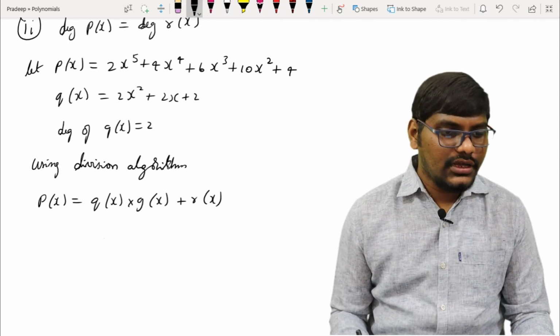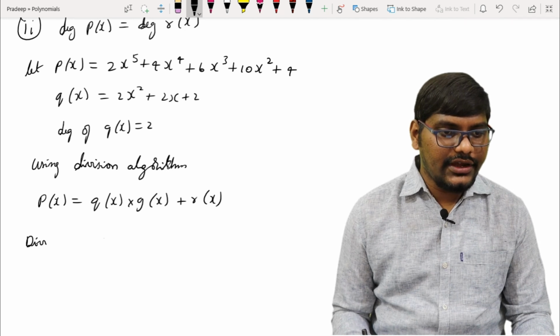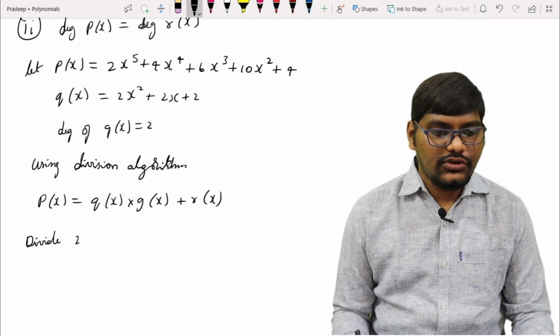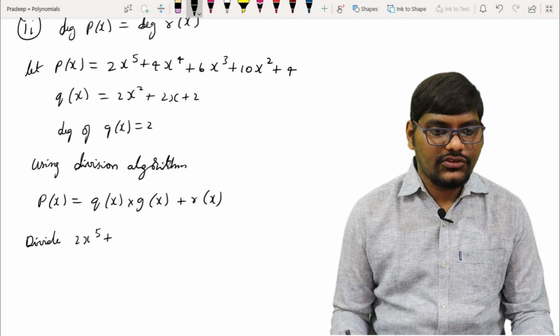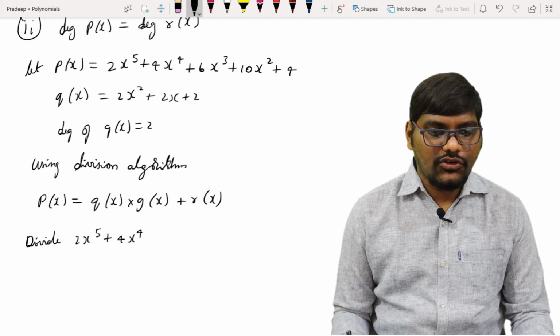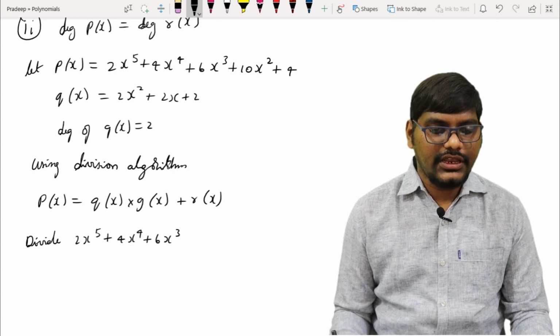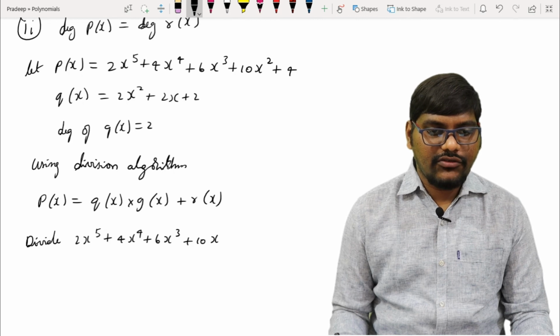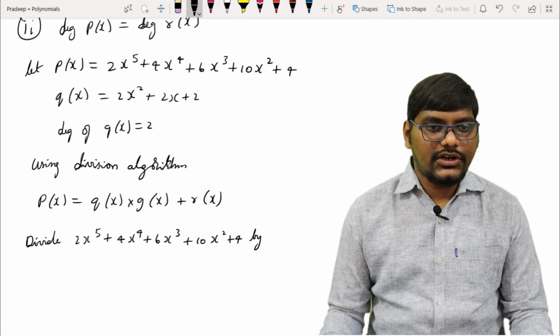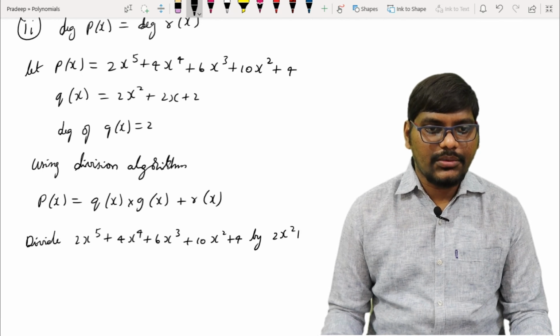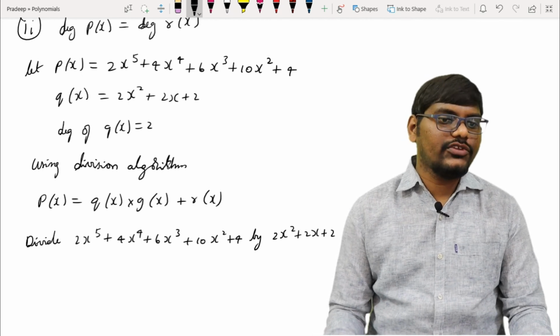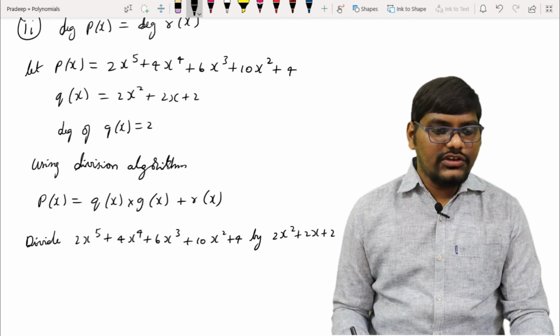So let's go forward. I can write here: divide 2x power 5 plus 4x power 4 plus 6x power 3 plus 10x square plus 4 by 2x square plus 2x plus 2. This is q of x, right? So we'll just do this.